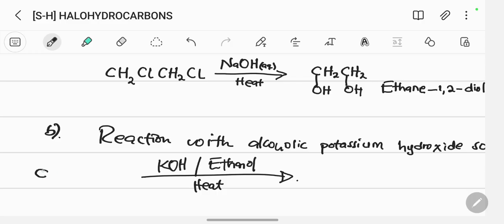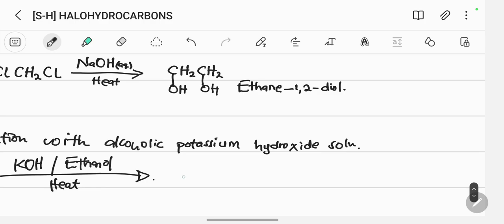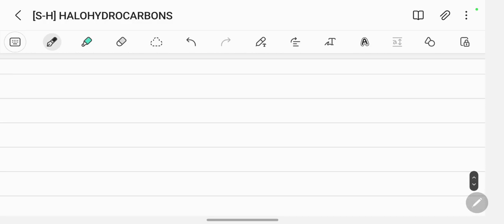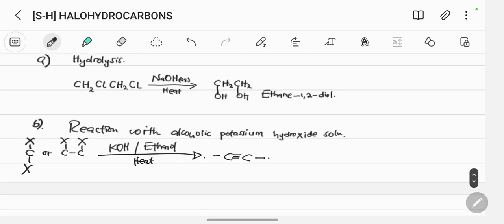It can be either a gem or a vicinal dihalide, like that, and it ends up giving us an alkyne of that kind. So we covered this, we covered that.